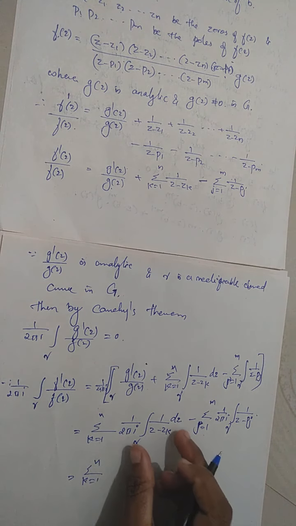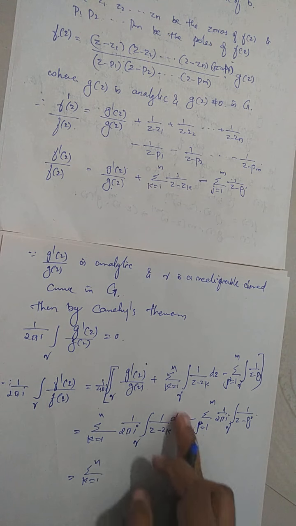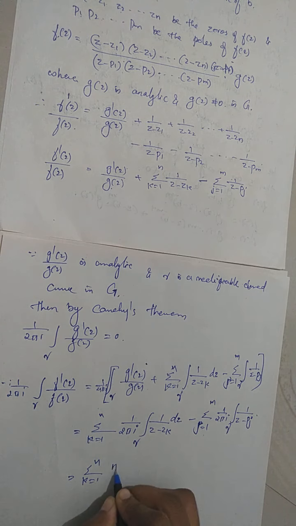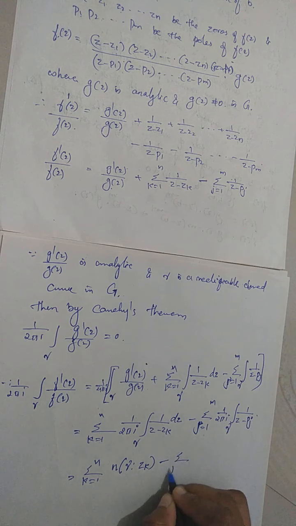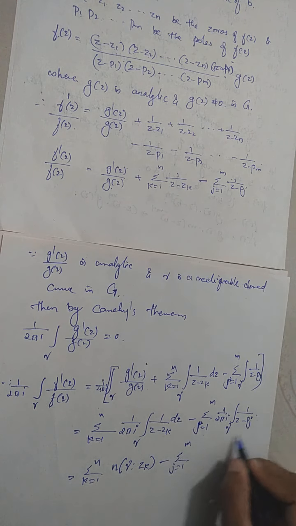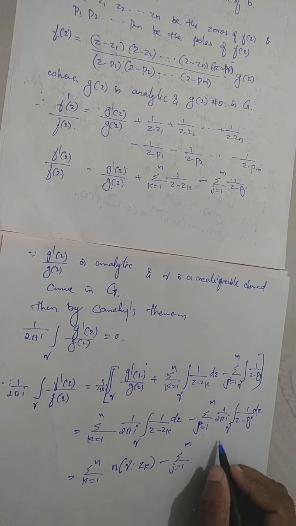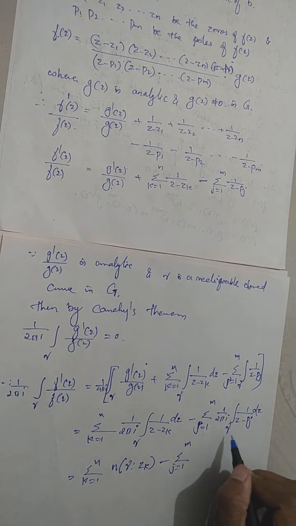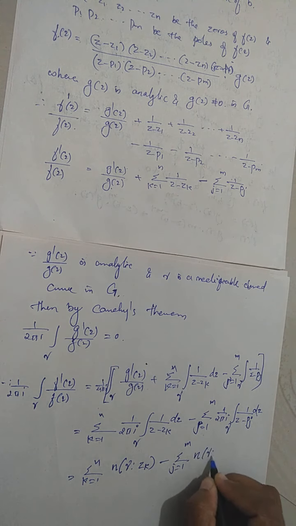So what will this be? This is nothing but the definition of the winding number of the point Zk with respect to the curve gamma, denoted by index n gamma Zk, minus sigma j equal to 1 to m. And this is again the definition of the index or winding number of the points Pj with respect to the curve gamma, denoted by n gamma Pj.